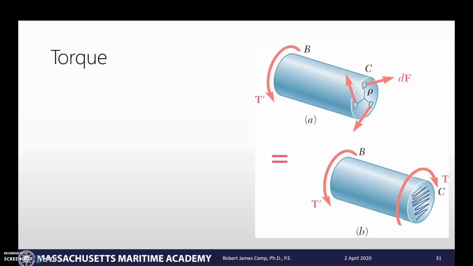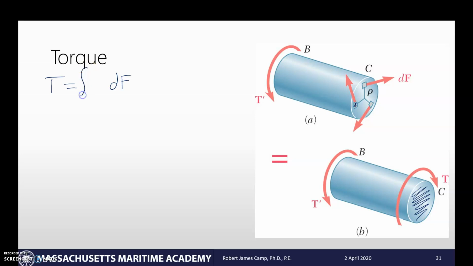In general, I can find a little differential element like I've shown here, and it gives me a differential element of force. So what I'm going to say is, the torque is going to be, I'm going to look at that differential element, so dF. And what is torque? Torque is going to be the amount of force times the lever arm.